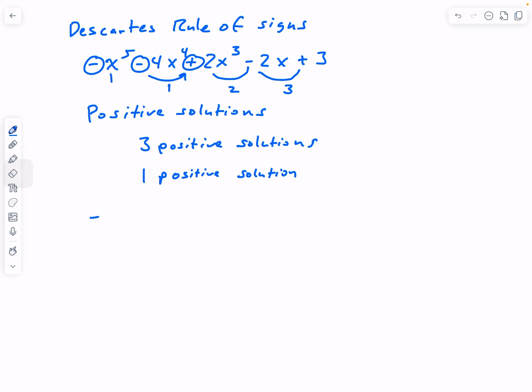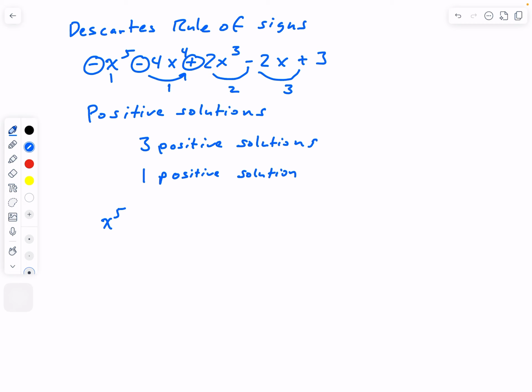If I put a negative into x to the fifth, that would be negative, negative, negative, negative, negative, and the result is a negative, but there's a negative in the front. So that's going to be a positive x to the fifth.